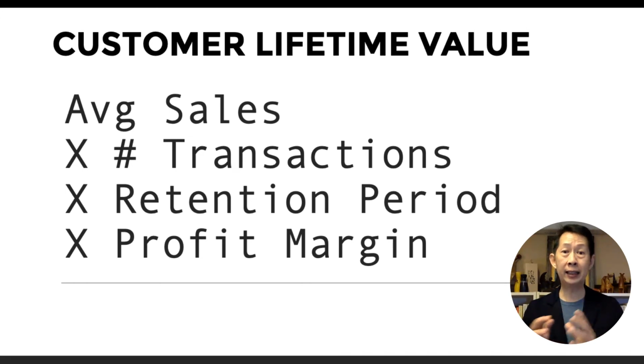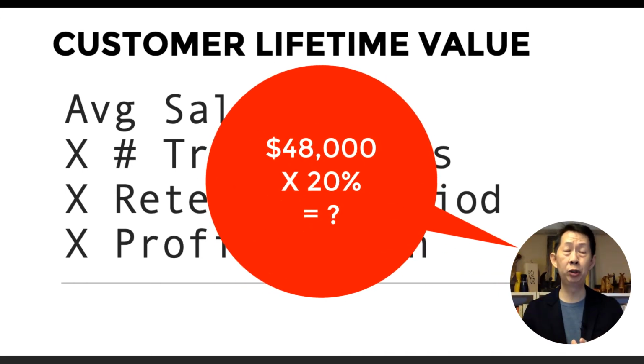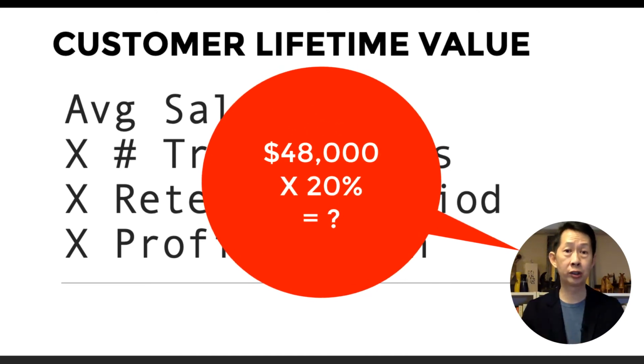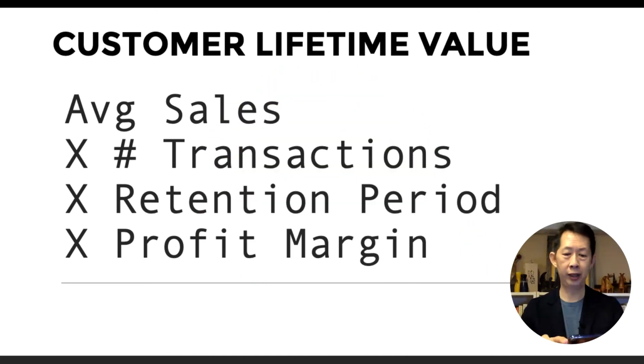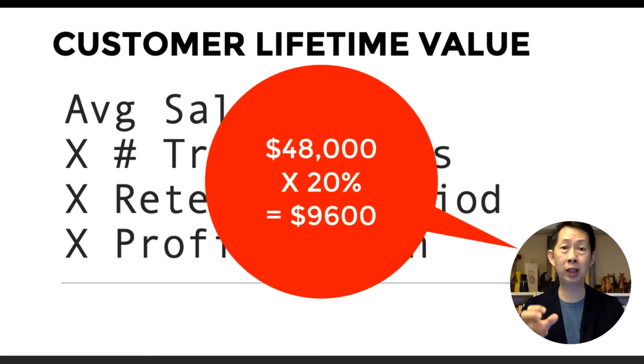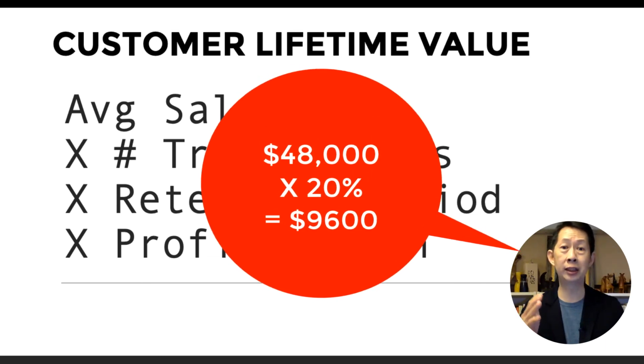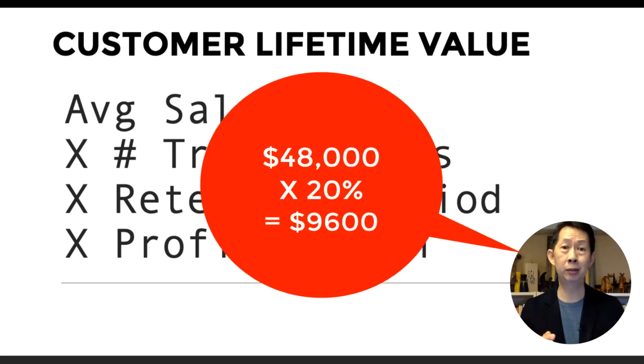So 48,000 times 20% would give you a value of how much? Let me calculate. 48,000 times 20% gives you 9,600. So your customer lifetime value is 9,600 per customer.